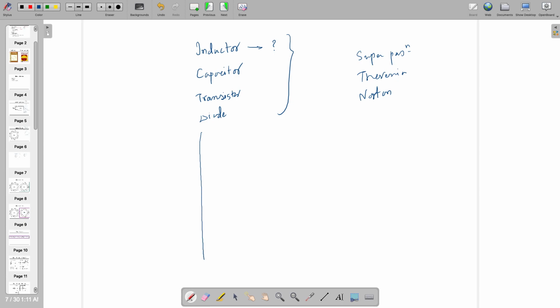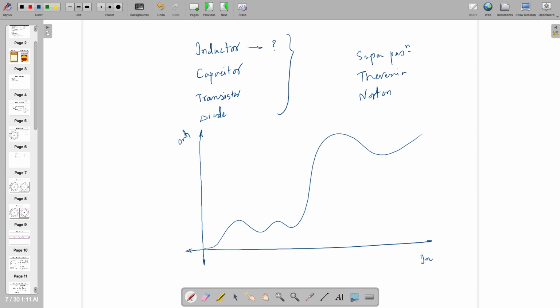So what all engineers thought, rather than doing analysis of the full system, let's say there is a system which is like this, input versus output, this is a non-linear system. But if I want to apply my theory of linearity, I'm not going to treat the whole system as one system, but I'll make it in pieces, like one piece is here, one piece is here, one piece is here, one piece is here, right?